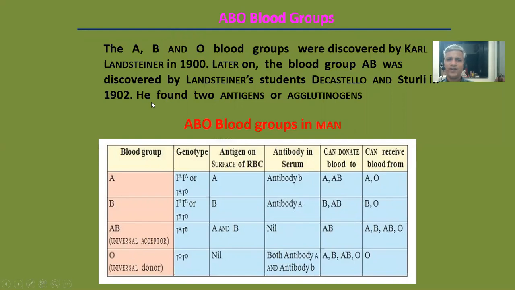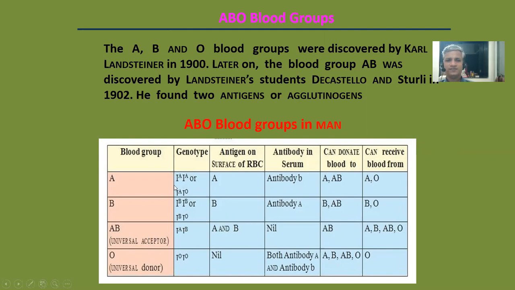He found two antigens or agglutinogens. In this ABO blood group system, the blood groups are determined by the presence or absence of antigen A and antigen B. The blood group of a person is classified into four groups, that is A, B, AB, and O.